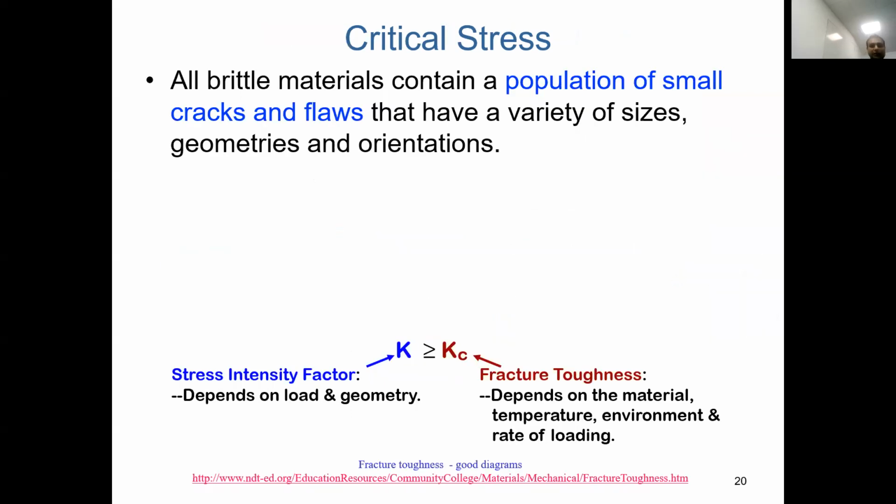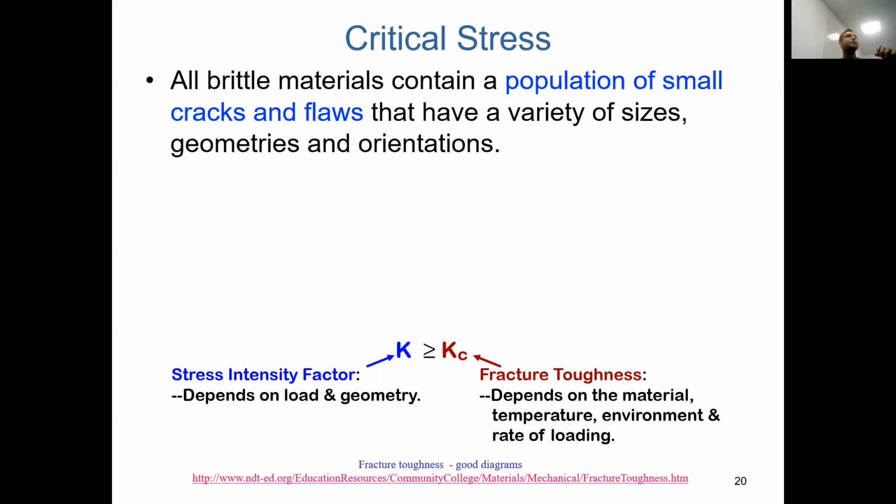Now then there's a critical stress. When we have a look at the critical material, all brittle materials contain a population of small cracks. They are present with different sizes and different geometrical orientations. The stress intensity factor, K, depends on the geometry and depends on the load.